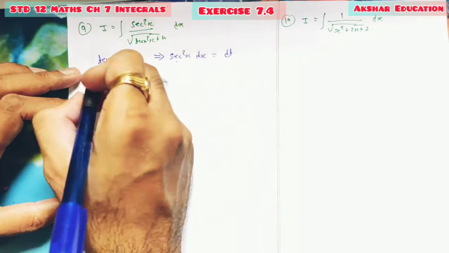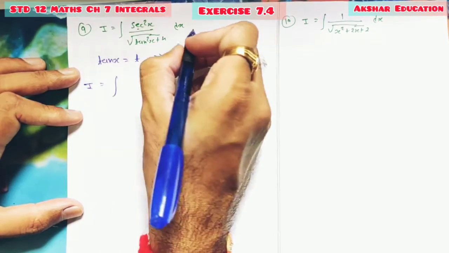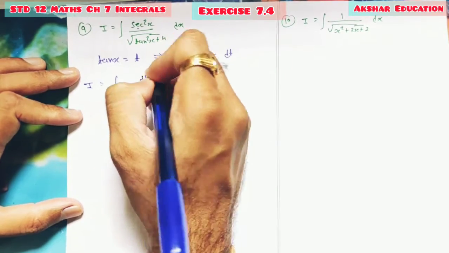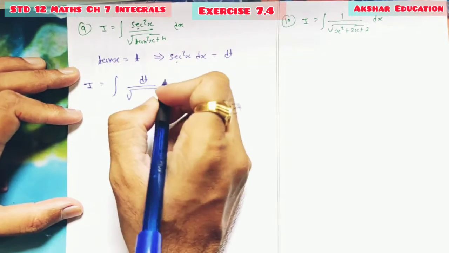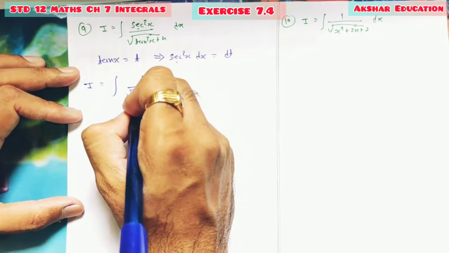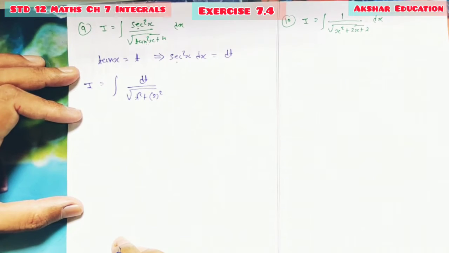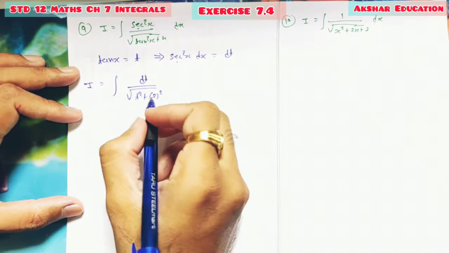This is our numerator. So integration I equal to integration sec square x dx is our dt, dt divided by square root of tan square, tan is our t, so it's t square plus 4. 4 is 2 square. So this is again our formula, a square plus x square.